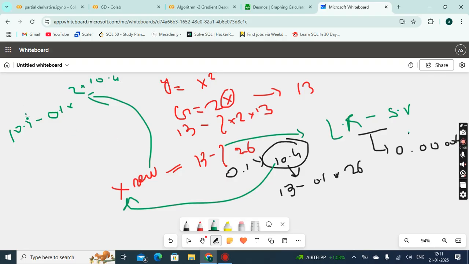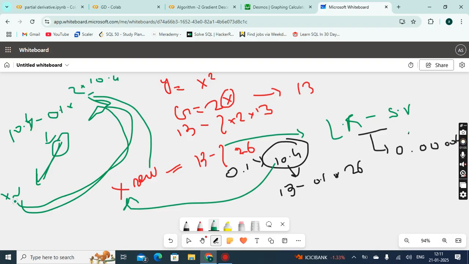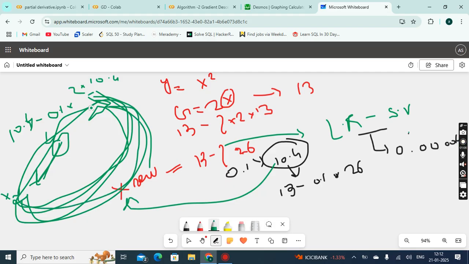And when I solve this, I get another value, and that value will become my x new. And then again the same thing will happen. Then I get one more value, and it just keeps on going. At the end, you will reach the position where your slope is 0.